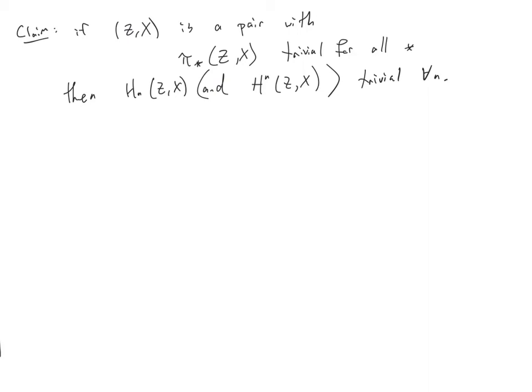It's a closed inclusion. So I'm not saying that the pair Z comma X is homotopy equivalent to a point somehow. I'm saying that it does have trivial homology and cohomology and relative homotopy groups. But it's not a CW complex.